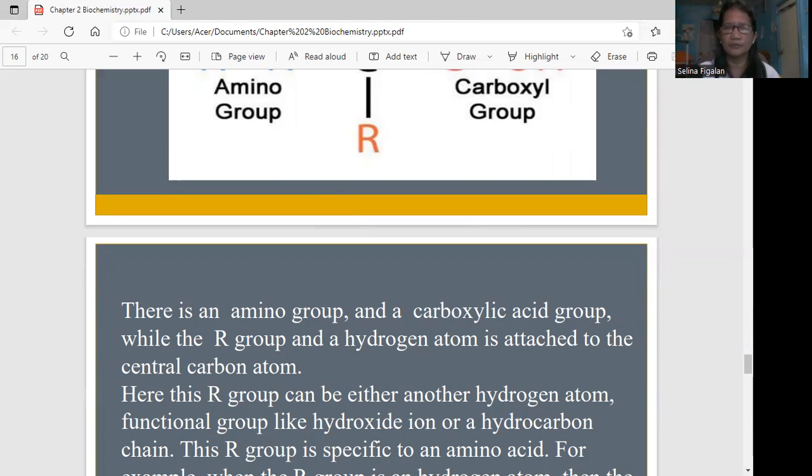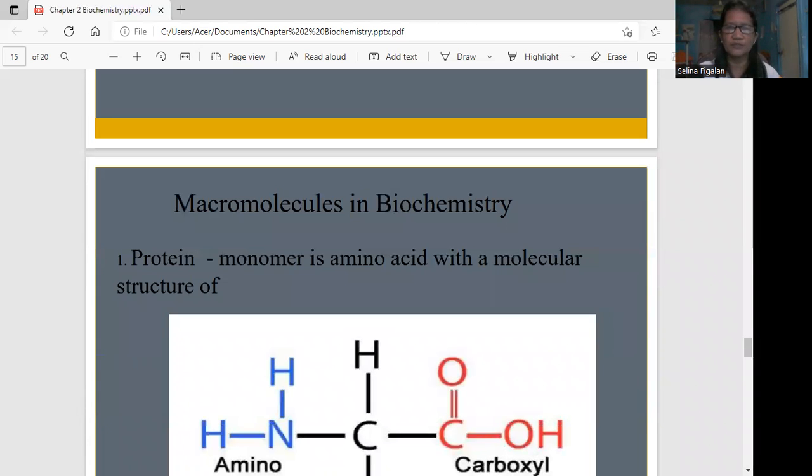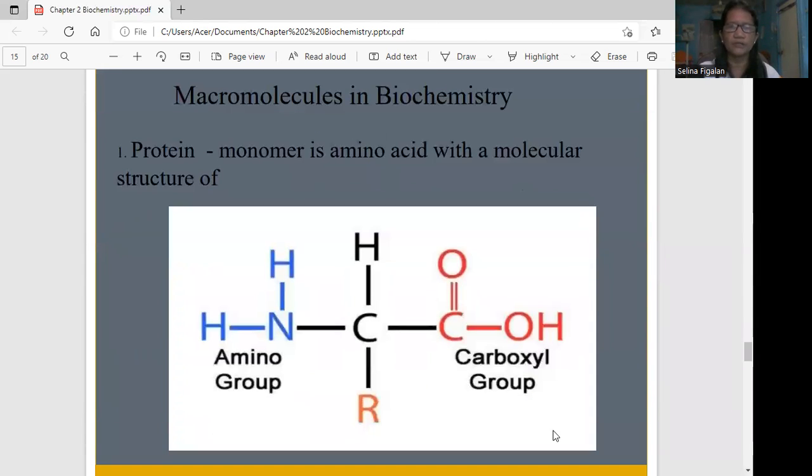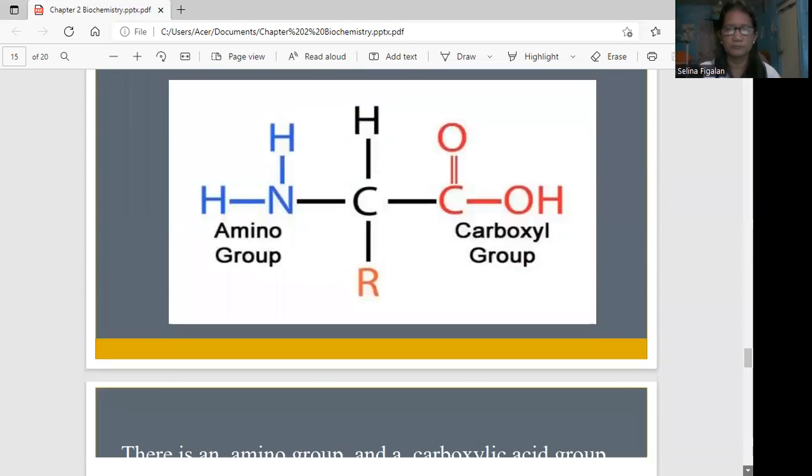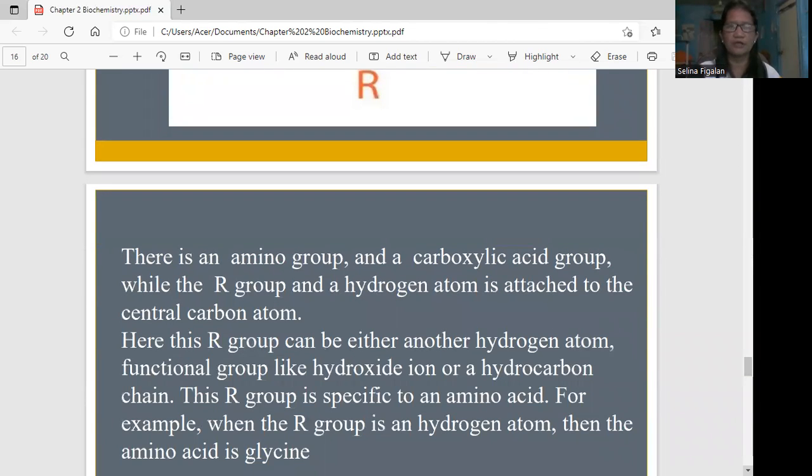So what you see is that this R group is attached to this carbon and this hydrogen. This is in the middle. Your R is attached to your carbon and then your hydrogen. Here, this R group can be either another hydrogen atom, a functional hydroxide ion, or a hydrocarbon chain.